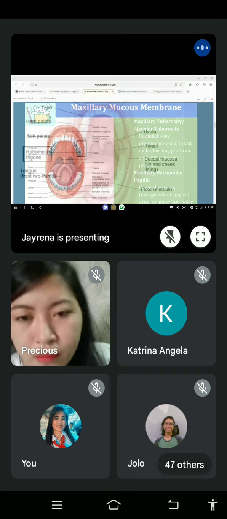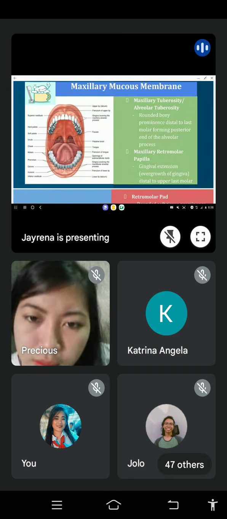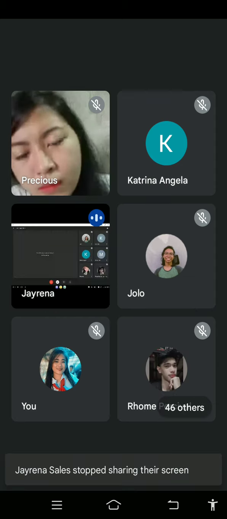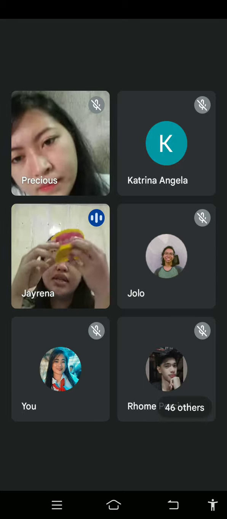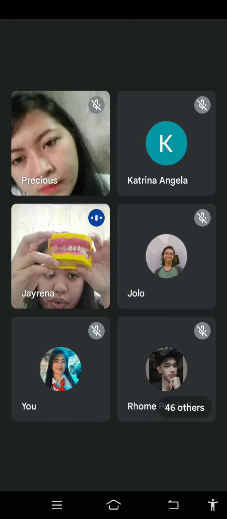Okay, so going back, maxillary retromolar papilla from here, it's a gingival extension or overgrowth distal to the upper last molar. Doc, ano ba yan? Meron ka na namang bagong terms. Pag sinabing distal, turuan ko kayo, this one is the front of the tooth.